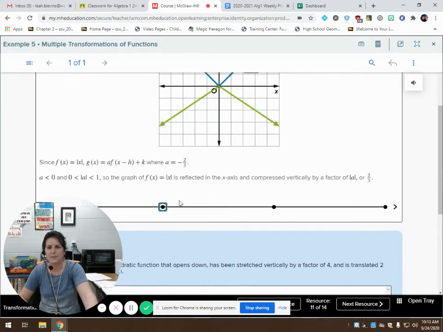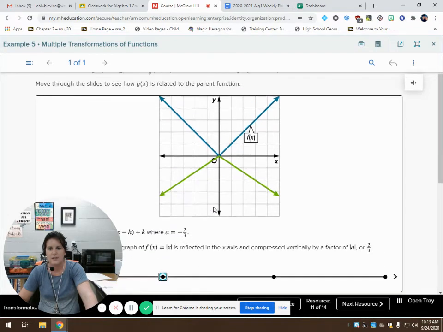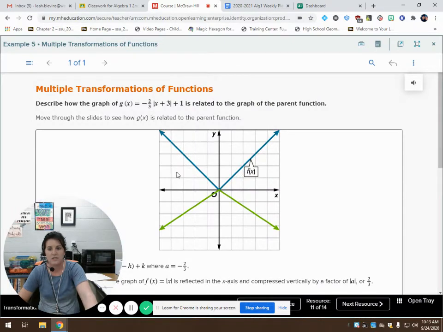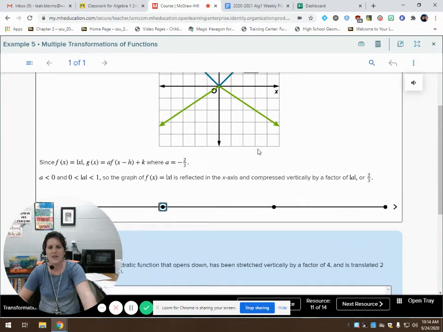So let's look at it. Boom. There's the reflection because it's negative. Okay, what else happened? Because a is less than 0 and the absolute value of a is between 0 and 1, that 2/3 is between 0 and 1, we know that it gets reflected across the x-axis and it is compressed vertically by a factor of 2/3.